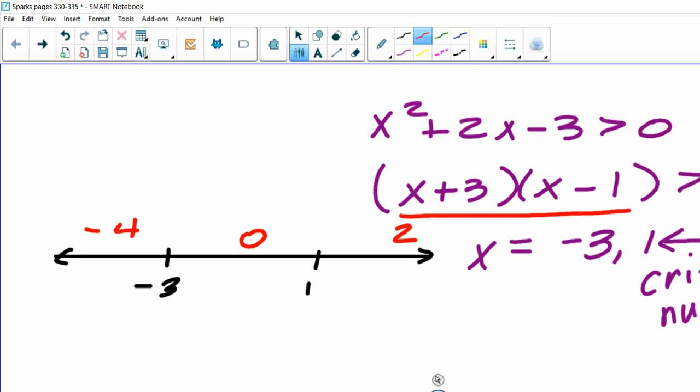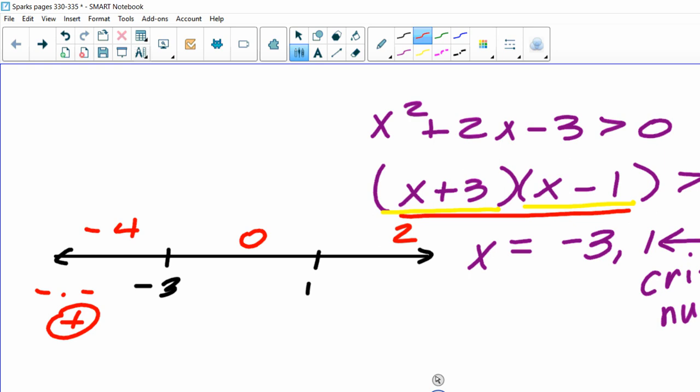So that's a negative times a negative, which is a positive. Is a positive number greater than 0? Yes. So I know that all the numbers from -infinity to -3 make this true.